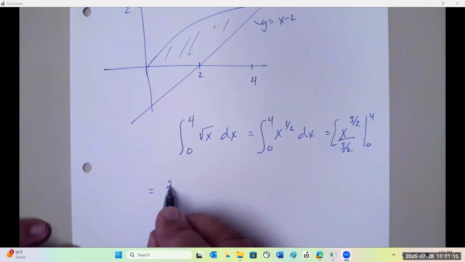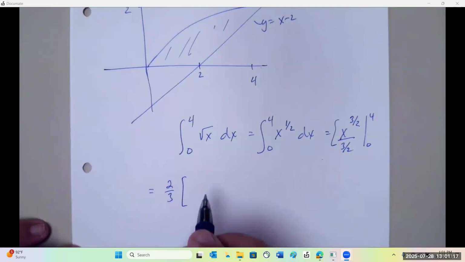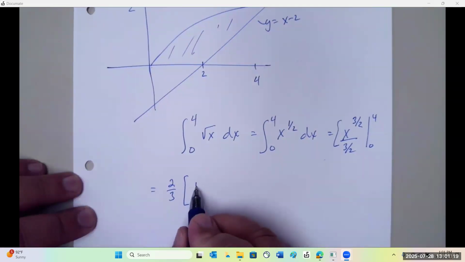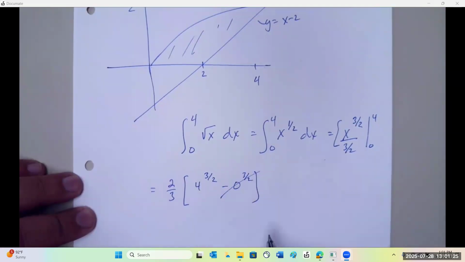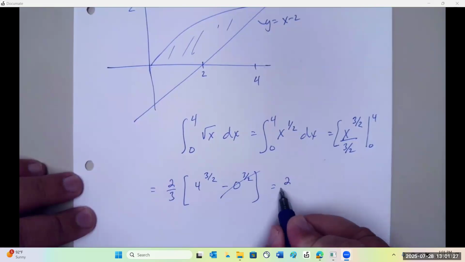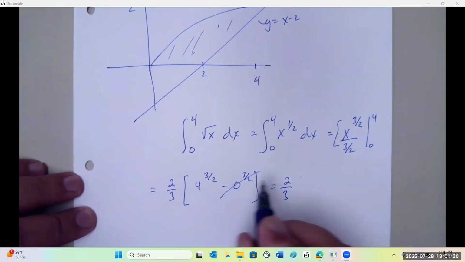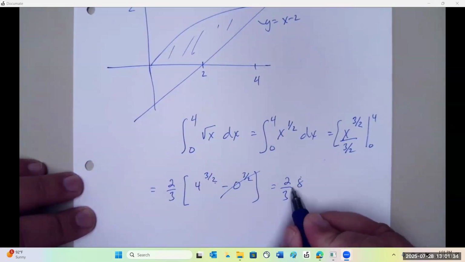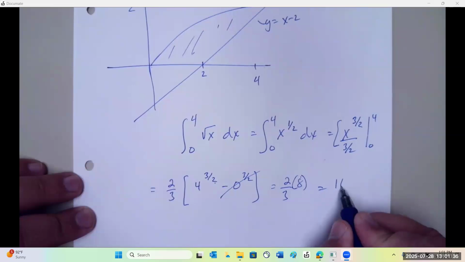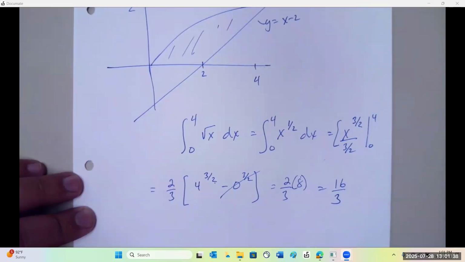That would give us 2 over 3 times 4 to the 3/2, minus 0 to the 3/2, so 0. So we have 2 over 3. The square root of 4 is 2. 2 cubed is 8, which gives us 16 over 3.